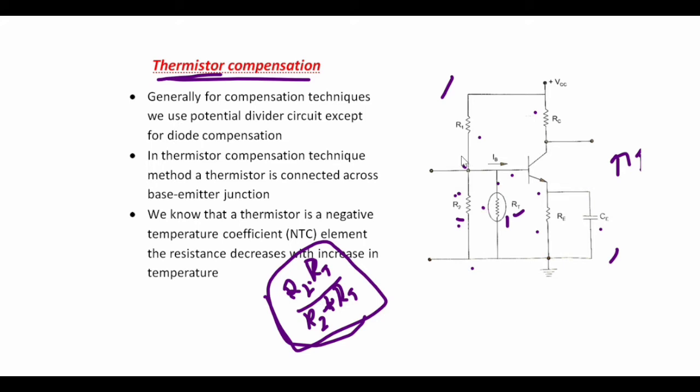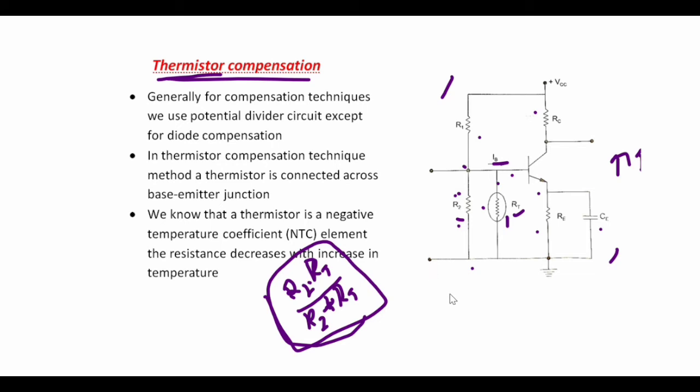This decrease in voltage will decrease the base current, that is IB. We have seen earlier that the emitter current IE is equal to IC plus IB. If IC increases, then IB decreases.